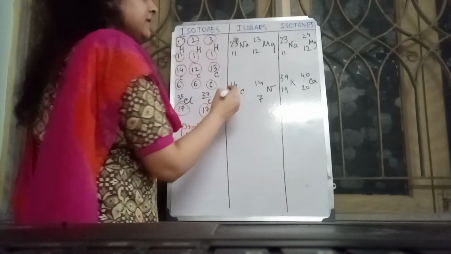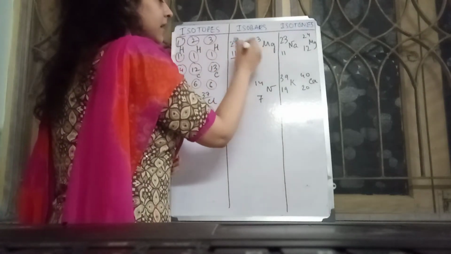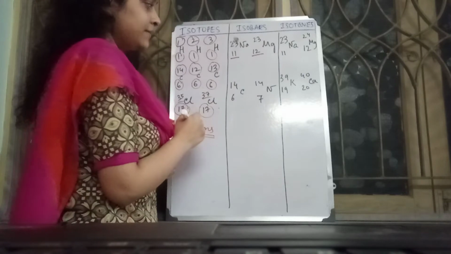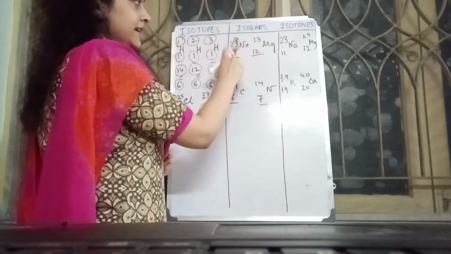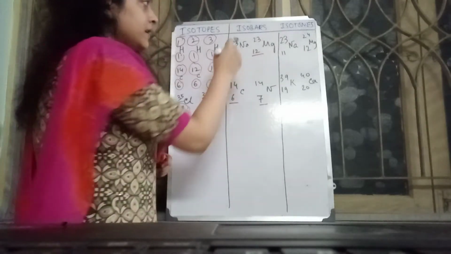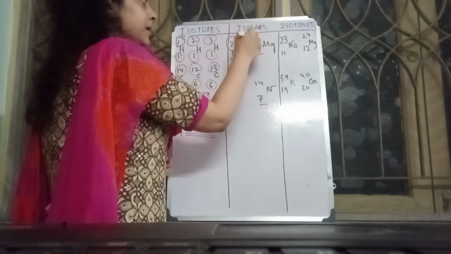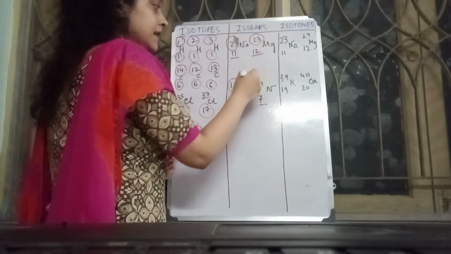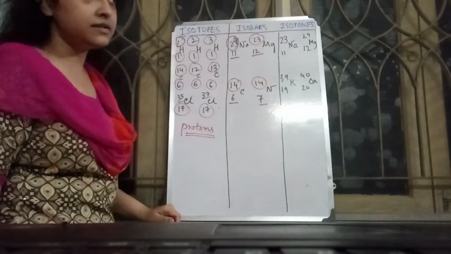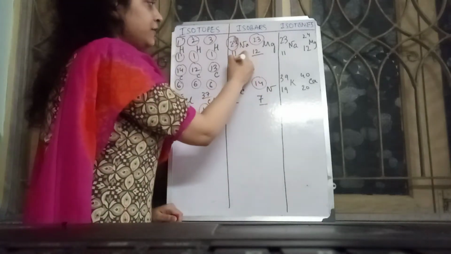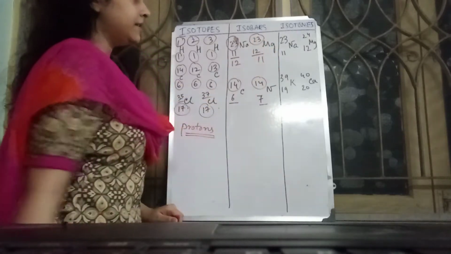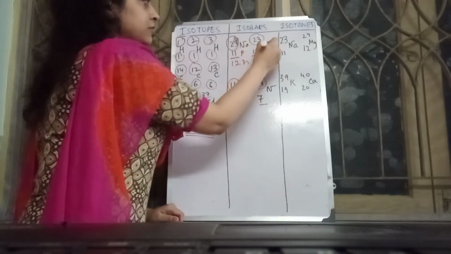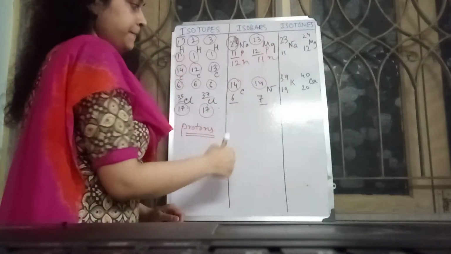Here notice, the atomic number changes, that means the number of protons is different. Here 6, here 7, here 11, here 12. What remains the same? The atomic mass number. The number of neutrons is also different, because see, here the number of neutrons is 12, here the number of neutrons is 11. This is proton, this is neutron. Right?